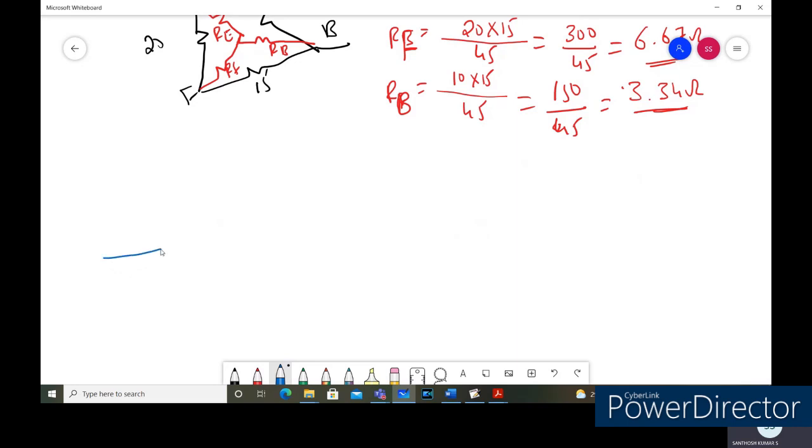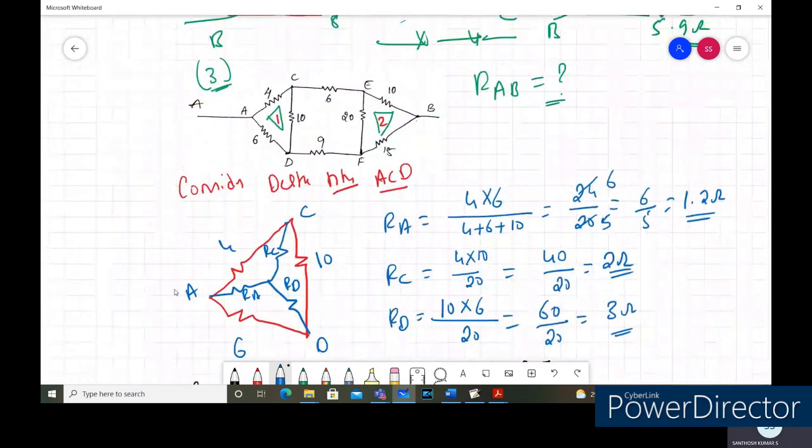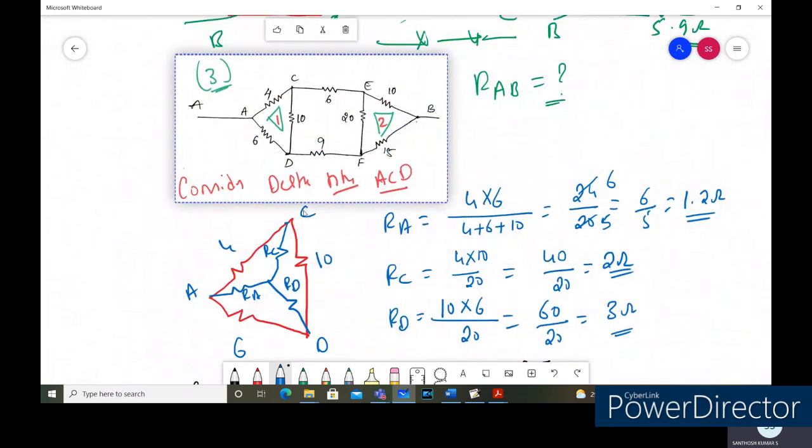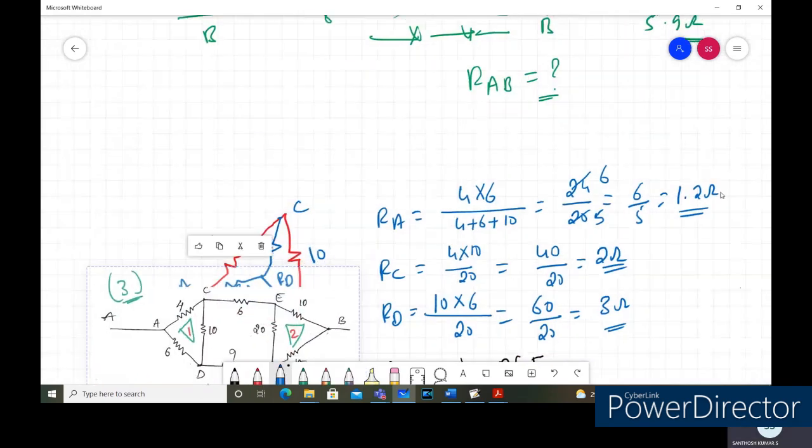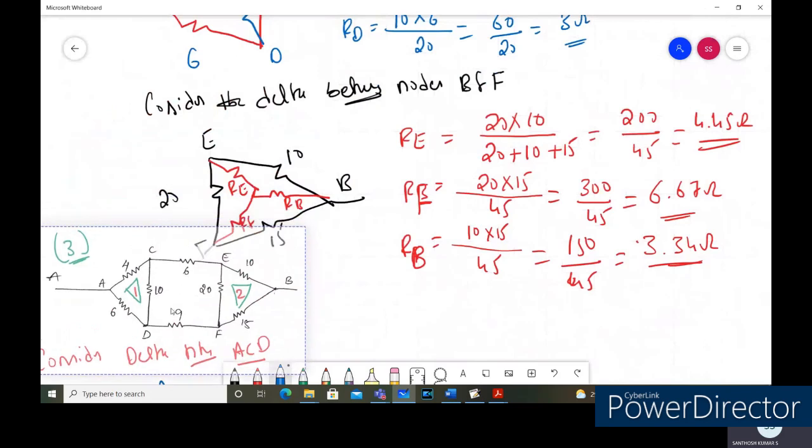we'll consider this is the node A and this is node, we have the resistance between here. So between the nodes, let us look into the circuit part here. So I'll take this one for the reference here.